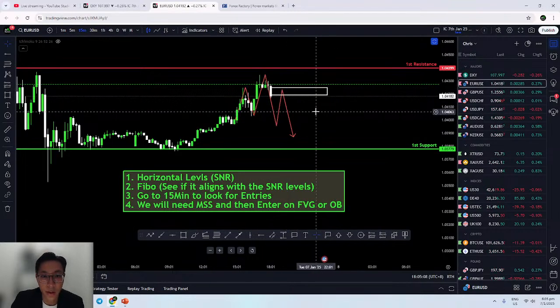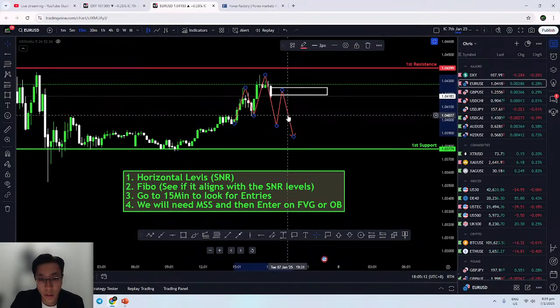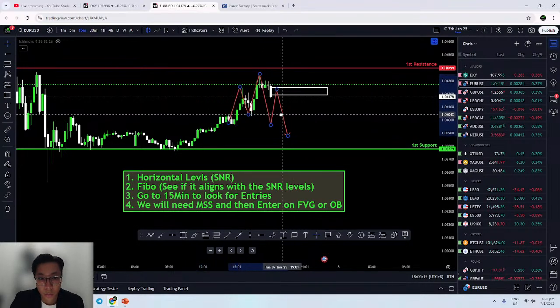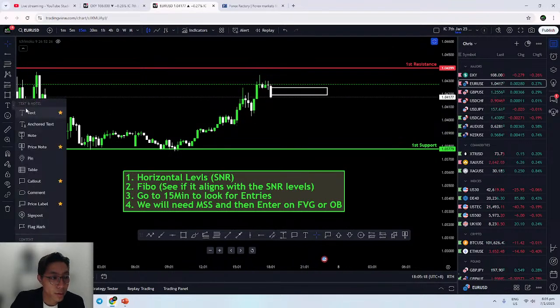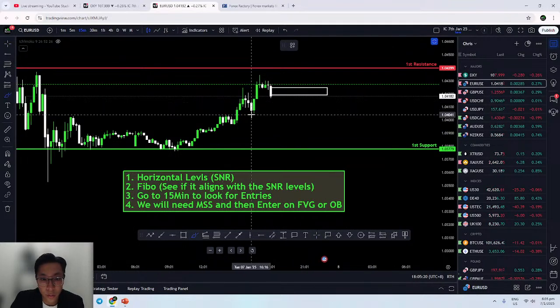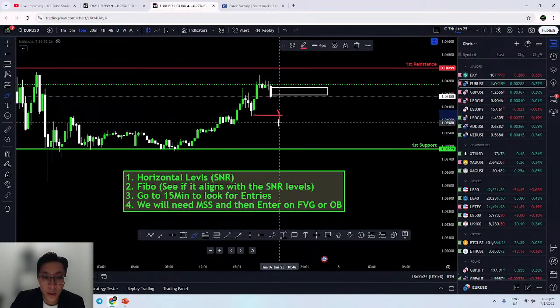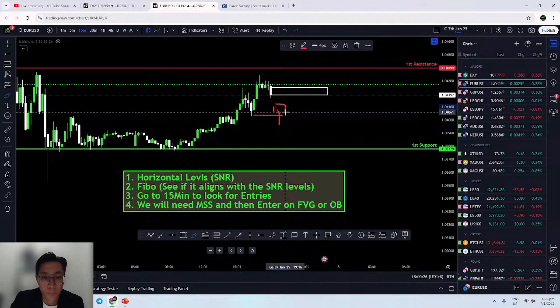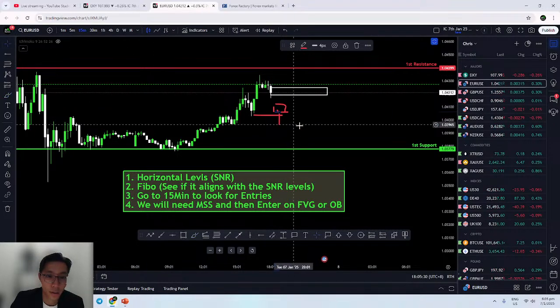Oh yes, and a lot of people have this misconception. Ideally what you are looking for is price to break this level. But if price wicks this level out, do you still count this as a break?